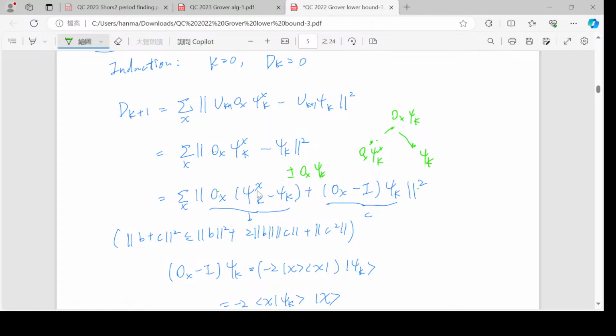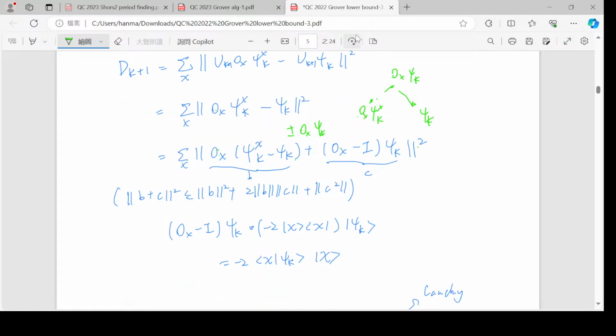So you have OX psi x k minus OX psi k, plus OX psi k minus psi k. But you see that each one of them is similar to this, so you can take out OX here and then you can take out psi k here. So this distance equals those two distances summed together, but also squared.